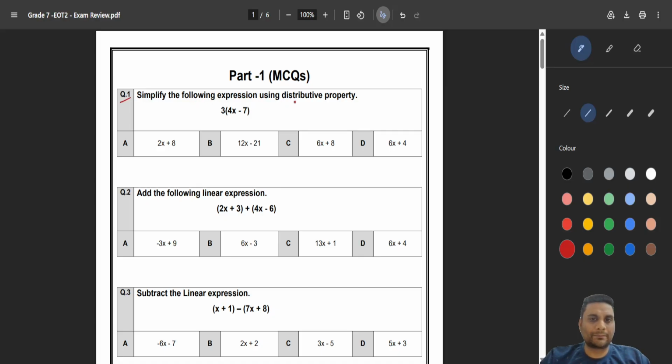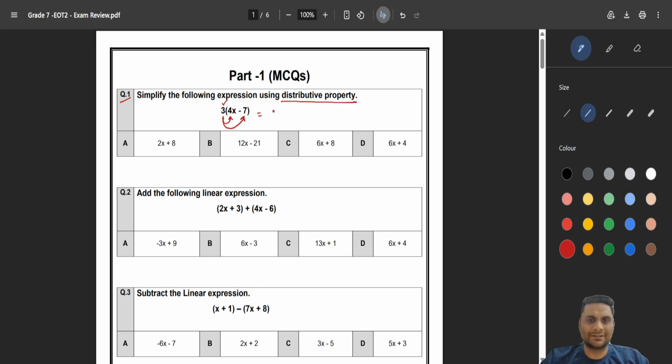Simplify the following expression using distributive property. Distributive property means the number that you see outside here, the 3, you have to multiply it with both the numbers inside. You will multiply it with the 4x first and then you will multiply it with the 7.